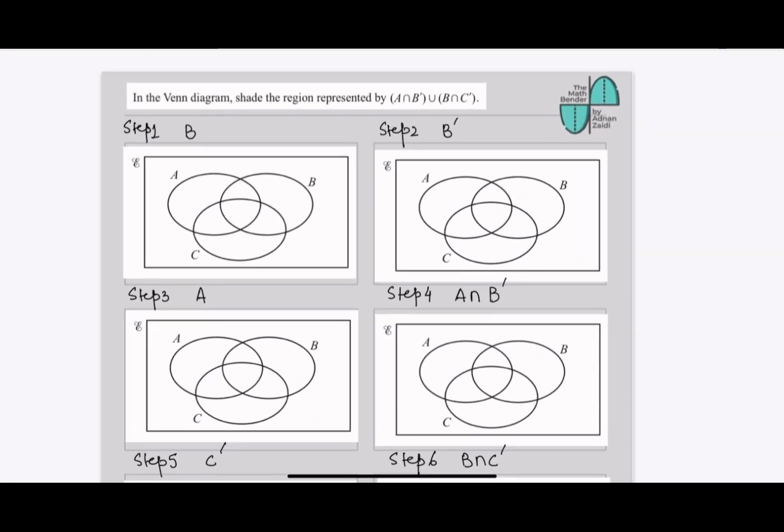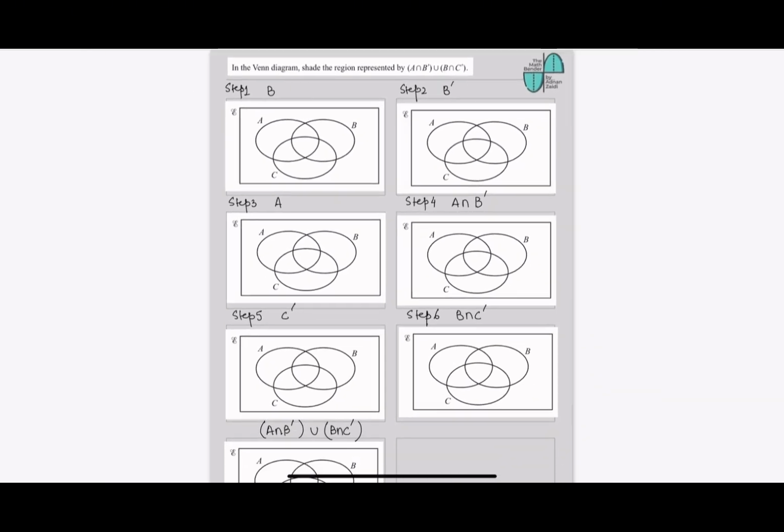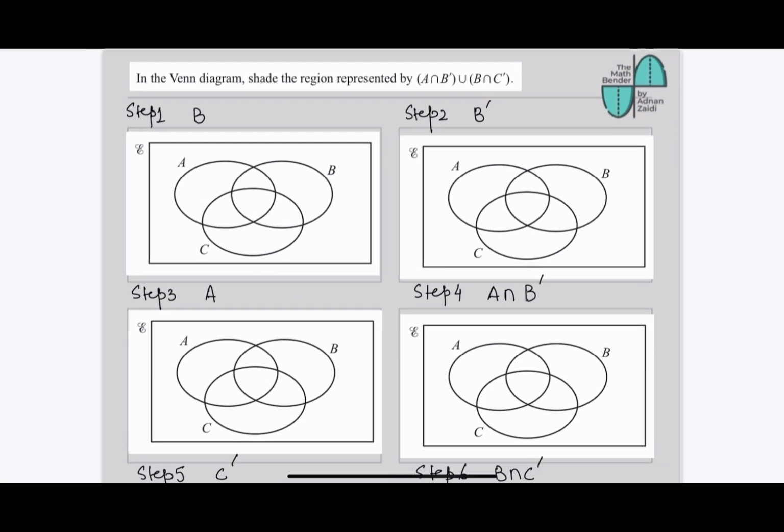Now let's look at another step for 3. I've broken this question already into multiple steps and I'll solve this accordingly. So it says A intersection B complement. First step, I'm shading this separately and this separately, and then I'll merge both the results to make it a union.